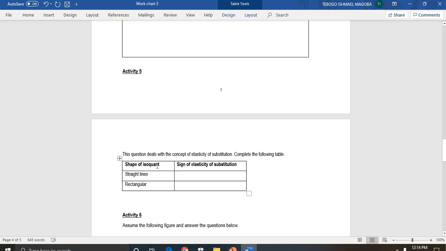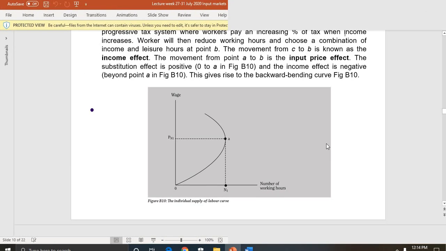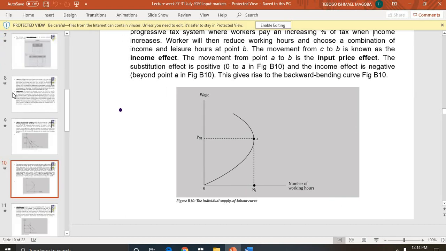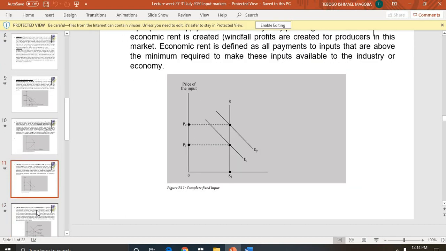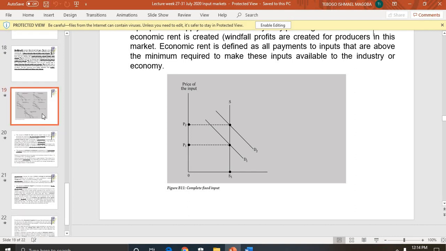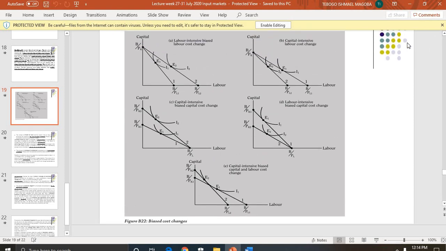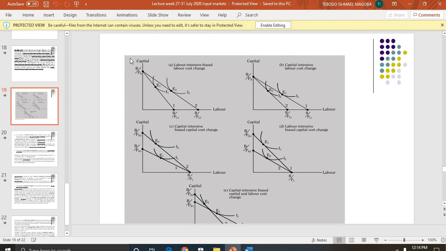I'll just try to find a straight line isoquant here. Alright, there you go. These, in a way, are isoquants. If you look, these have straight lines, don't they? They have straight lines instead of the curves that you'd usually have.